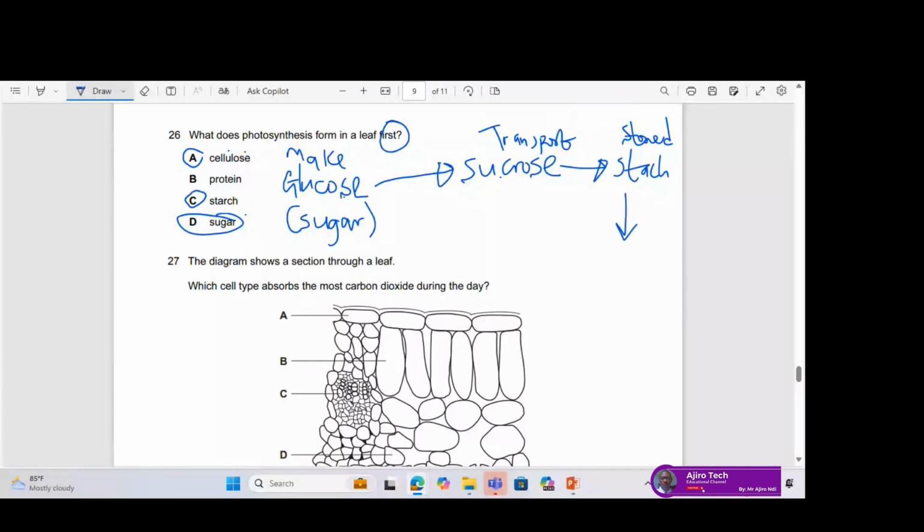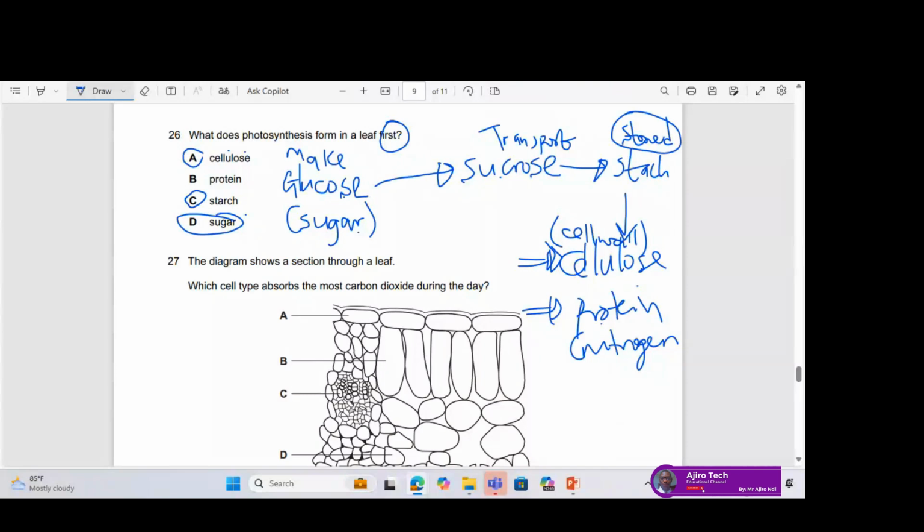They convert the starch to cellulose to make their cell wall, or they can convert the sugars to protein when nitrogen is added to it. They can convert the sugars to cellulose and they use cellulose to make their cell walls. So the cell walls of plants is made of cellulose.